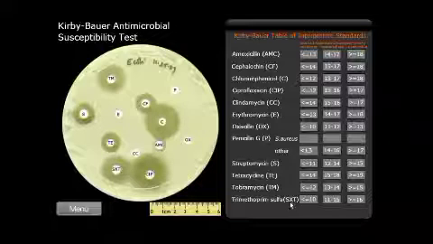So this is the inhibition diameter, which includes resistant, intermediate, and susceptible.